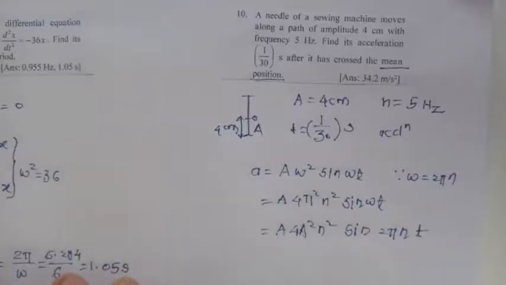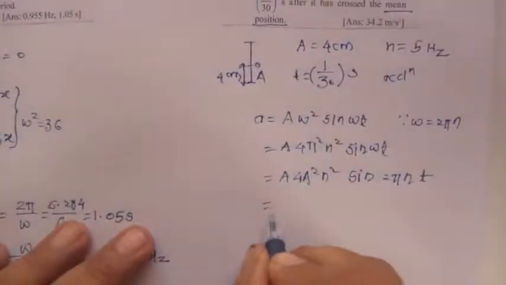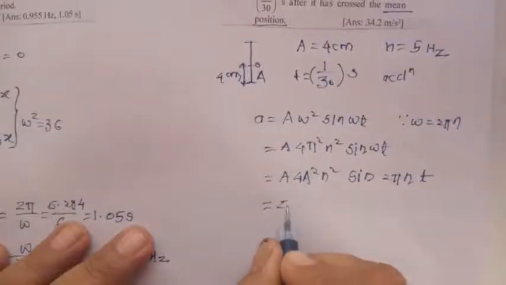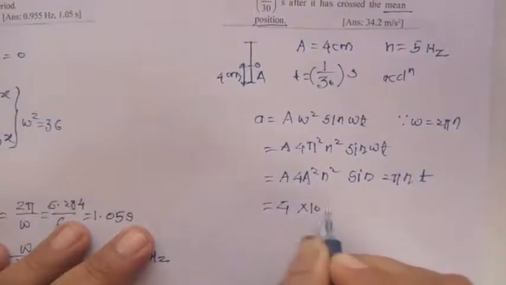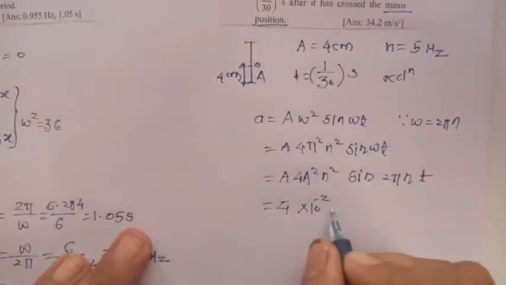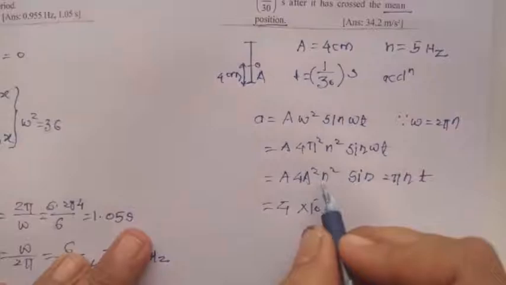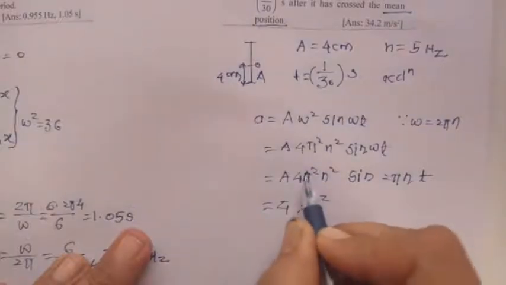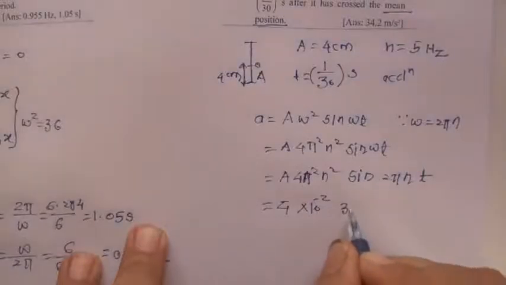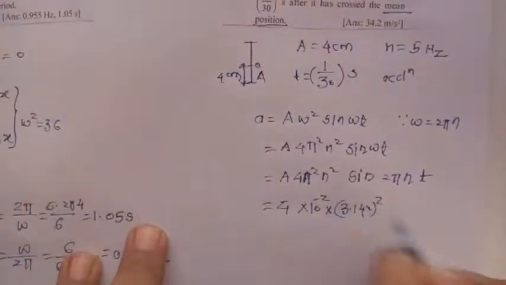When I put the values here, I can put the value of amplitude a, that is 4 centimeter, so 4 into 10 to the power minus 2. I have to convert it into meter, that is the SI unit. Then 4 pi square, the value of pi is 3.142 squared, and n square, n is 5 Hz, so I can write 25.